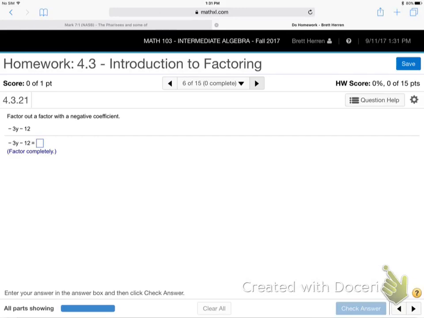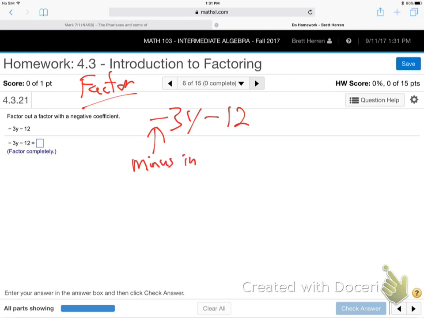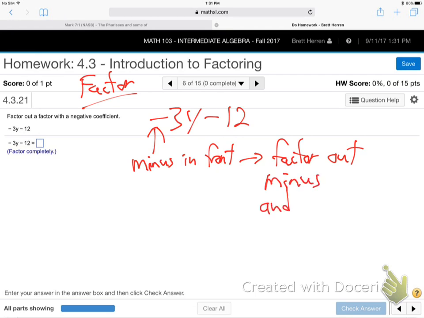So they want me to factor minus 3y minus 12. All these are factor. So this time, that one looks pretty easy. The only thing about it is when you have a minus in the front, that means factor out minus and all signs switch.